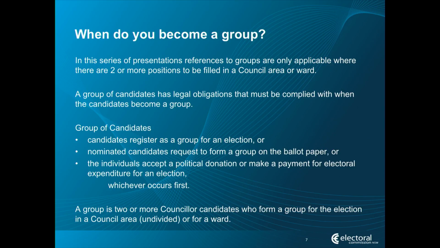A group of candidates becomes a group when the candidates register as a group for an election, or when nominated candidates request to form a group on the ballot paper, or when the individuals accept a political donation or make a payment for electoral expenditure for an election, whichever of these comes first. A group is 2 or more councillor candidates who form a group for the election in a council area that is undivided or in a ward.